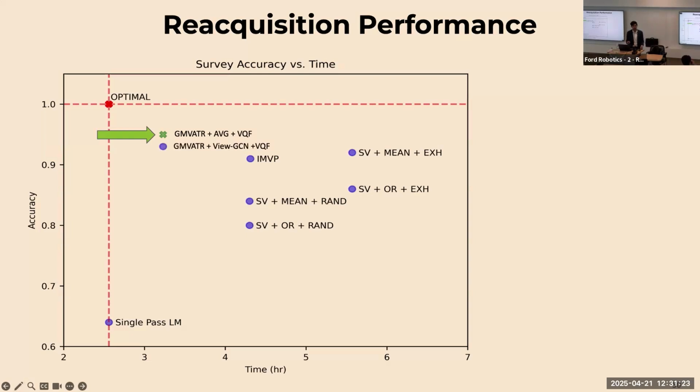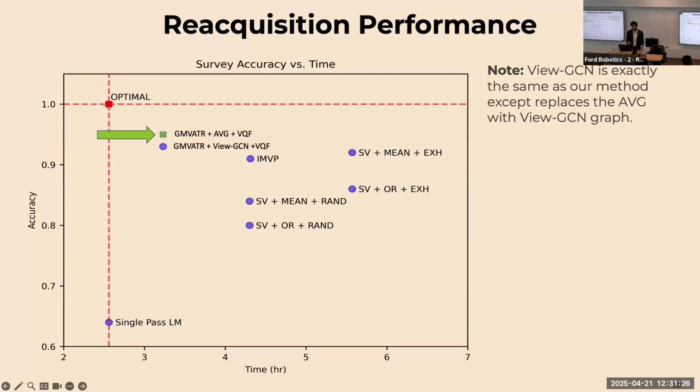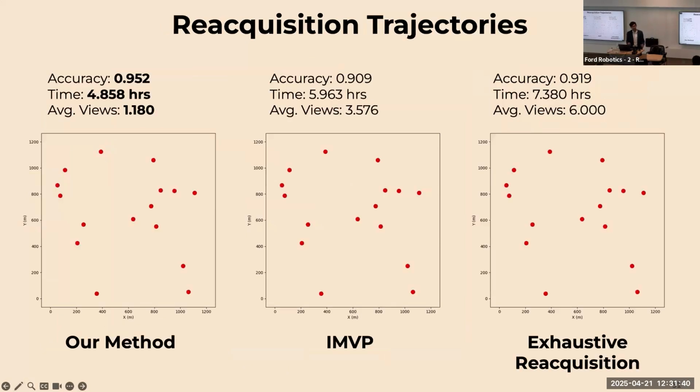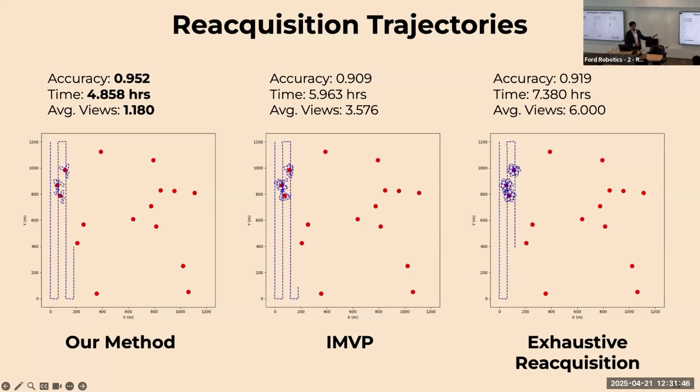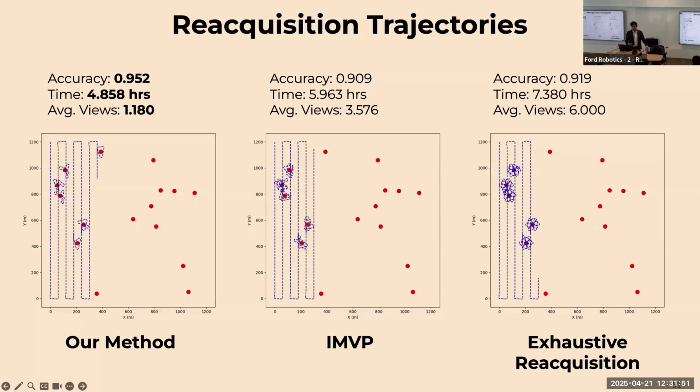We introduce a variant of our method which uses view GCN. Note that this simply replaces our angular view graph with another graph-based data structure, just to highlight that our graph-based data structure does have improvements over traditional state-of-the-art data structures. Taking a look at some of the reacquisition trajectories, we can see that per object, our method inspects it at fewer views, but it still has higher accuracy compared to other baselines.